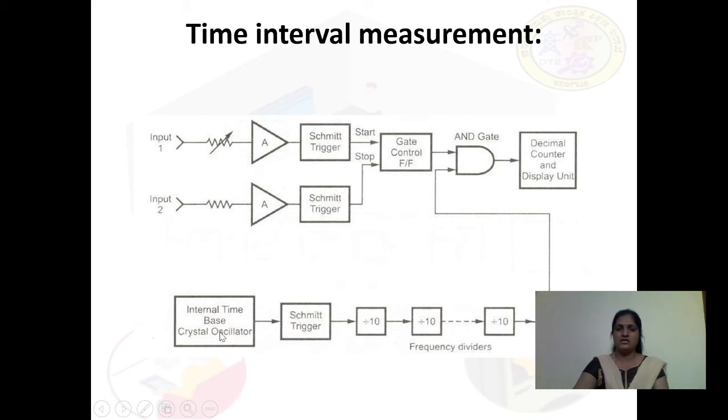It is an oscillator operating at a frequency of 1 megahertz, and it has an internal time-base crystal. This helps us produce oscillations at a frequency of 1 megahertz, and the same frequency is loaded onto the next stage, the Schmitt trigger circuit. And we heard that a Schmitt trigger circuit converts any type of waveform into a train of pulses.